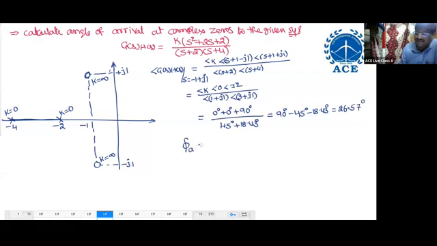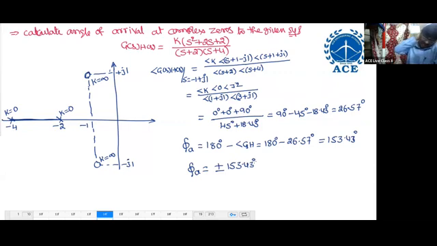Then what is the formula for angle of arrival? 180 minus angle GH. 180 minus 26.57, that means 153.43 degrees. So the answer is this or minus 153.